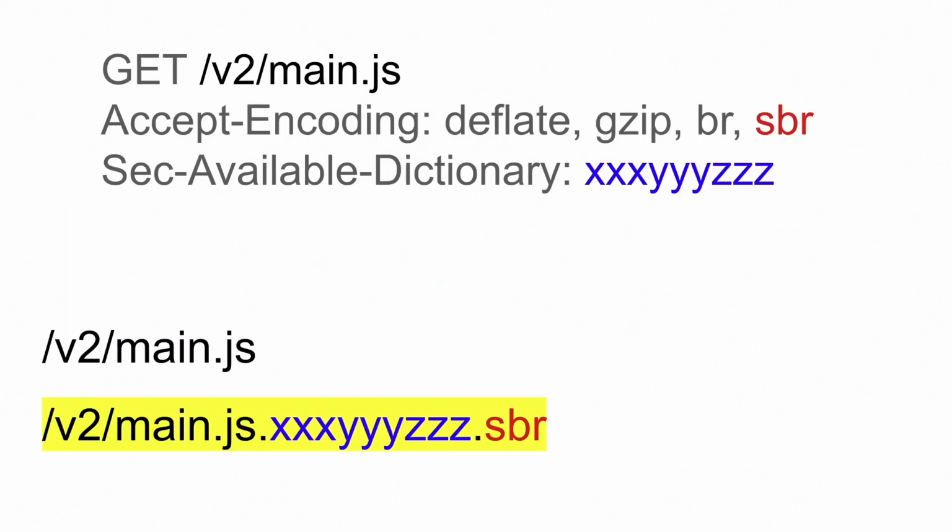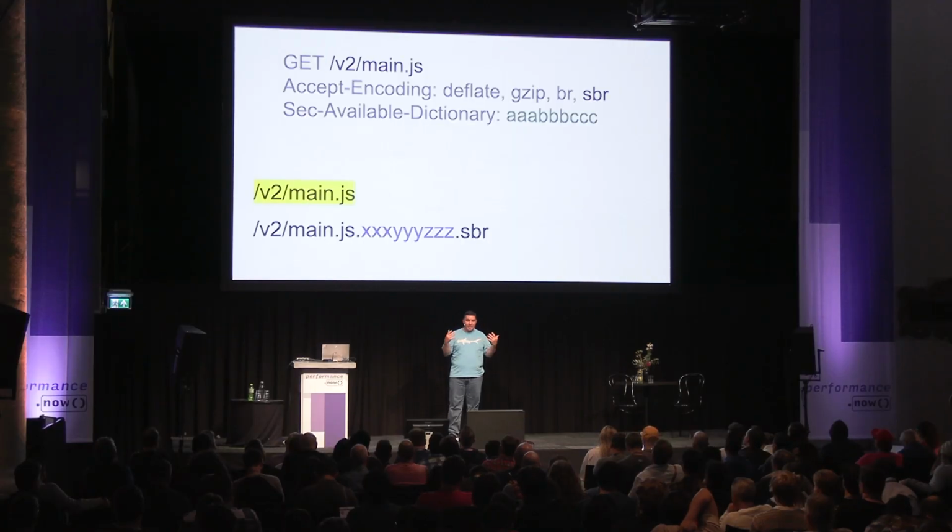Do I have a main.js file with that hash and SBR available to send down to the client? And if so, just send that file instead of the original resource. If it requests a dictionary that you don't have the hash for, just send the whole file. It's perfectly acceptable to not send content encoding SBR. It's completely progressive enhancement. It's just a miss on the dictionary, and you send the full resource.